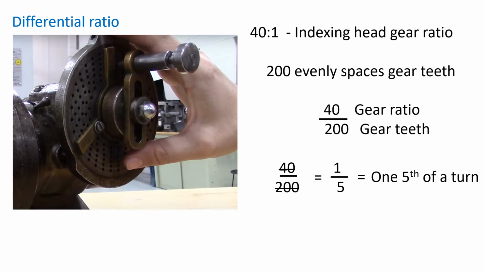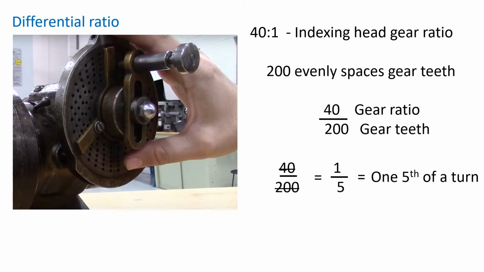I have a 40:1 ratio between my crank handle and the work holding device, so I have to wind the crank handle around 40 times to get my work holding device to rotate once. This is simple. My gear ratio divided by the number of increments or gear teeth in this example that I need, which is 200.